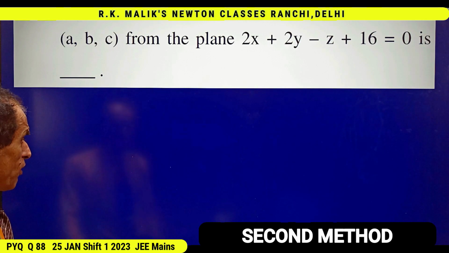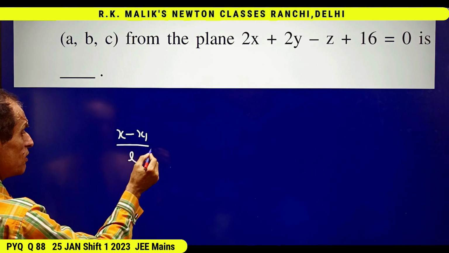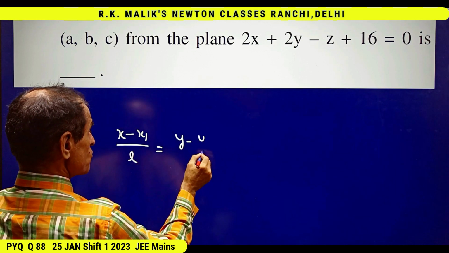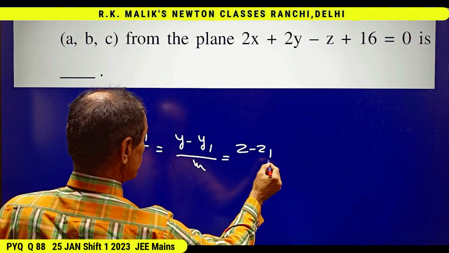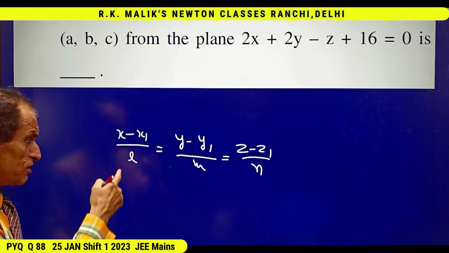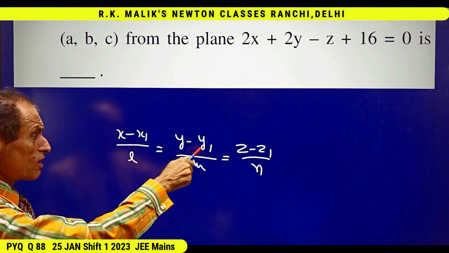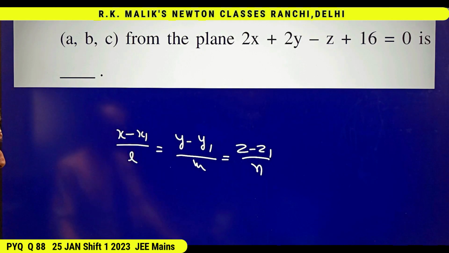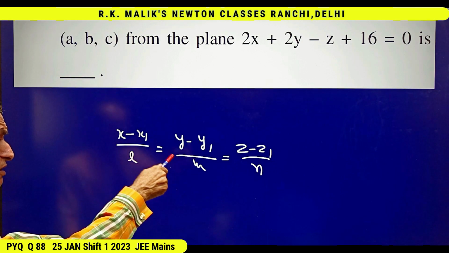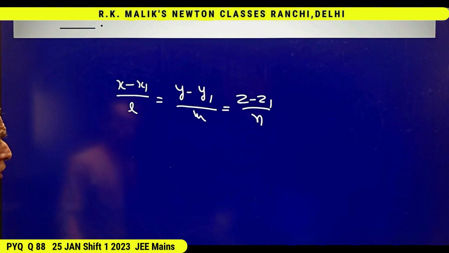One is the symmetrical form, that is (x minus x1) upon L, (y minus y1) upon M, (z minus z1) upon N. This form is called the symmetrical form, where x1, y1, z1 are the coordinates of a point lying on the line and L, M, N are direction cosines of this line. You must have studied this in 12th class.